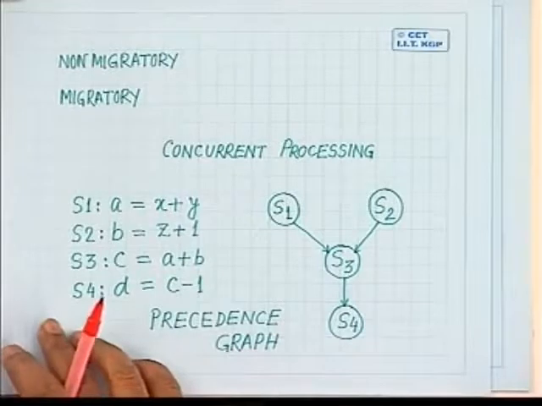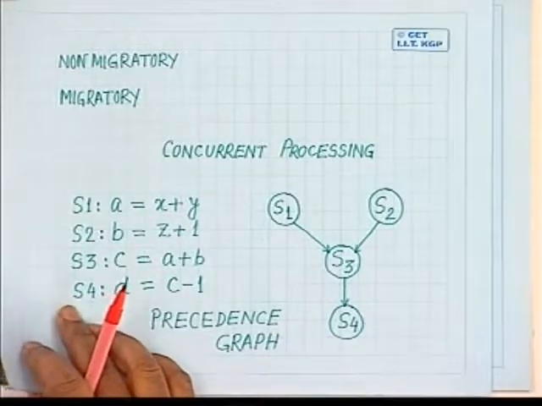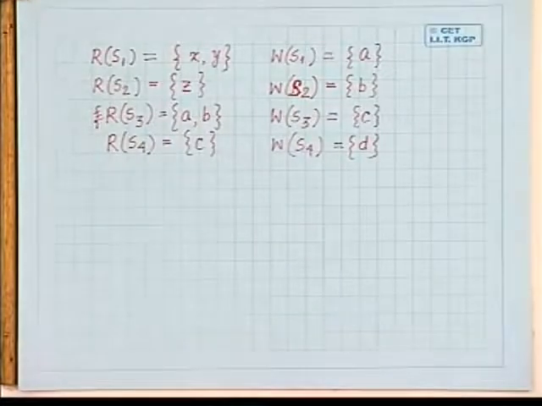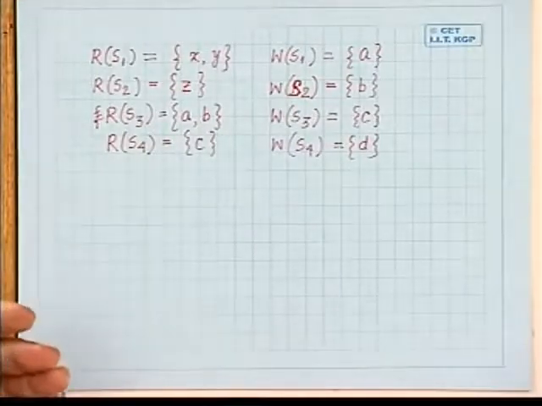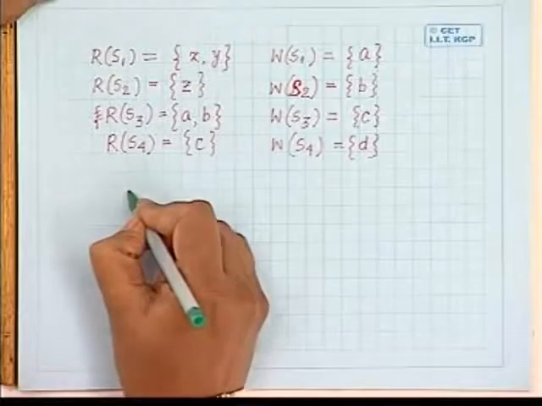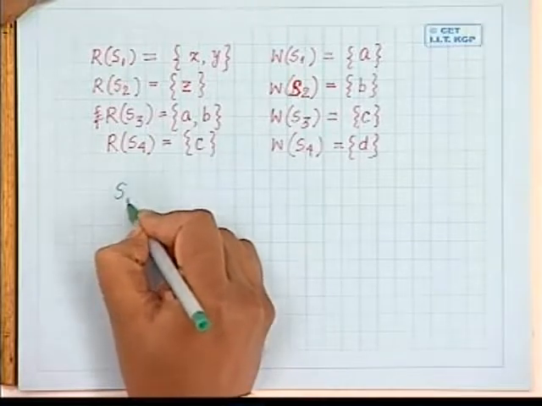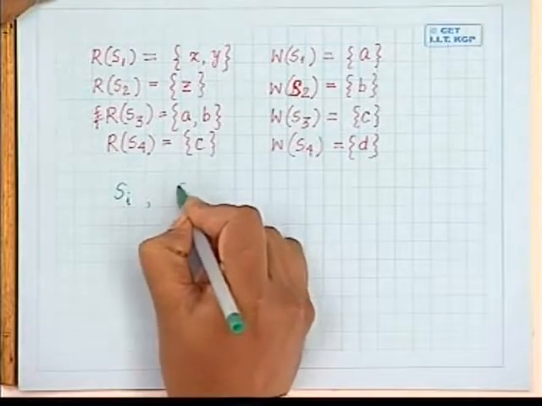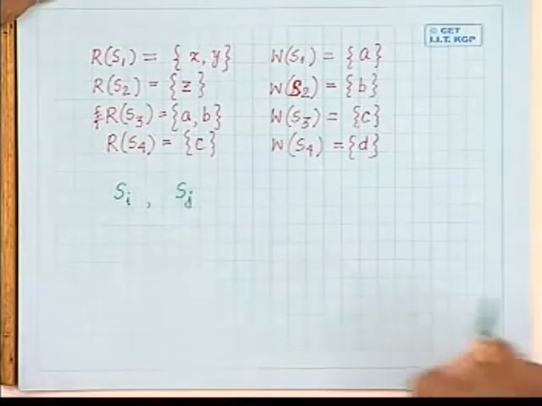Okay. So if you study the read set and write set, you will find out that two statements, say Si and Sj, I take any two statements, one is statement Si and another is statement Sj.